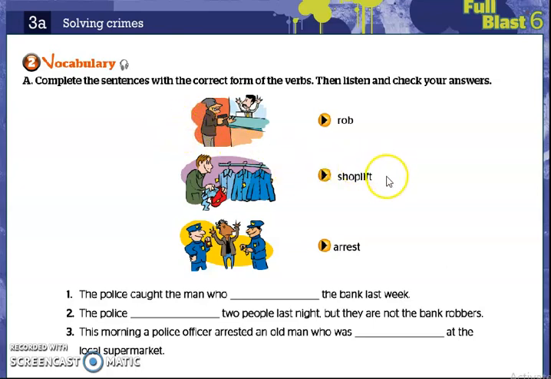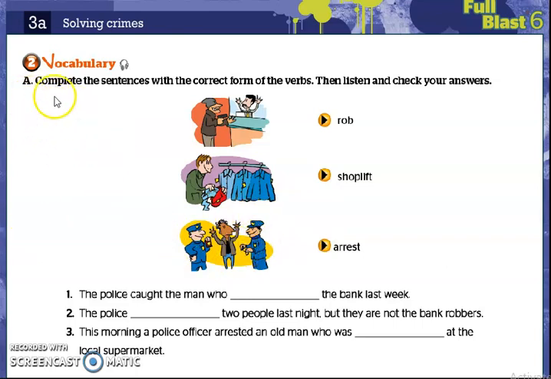Second word is shoplift. Shoplift means to steal something from a shop or to take something from a shop without paying. Third word is arrest. It means to take somebody away in order to question him about a crime.